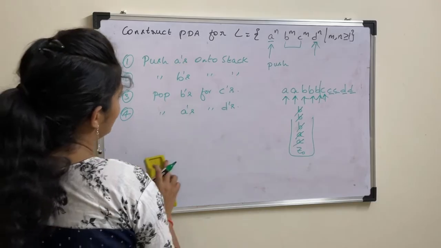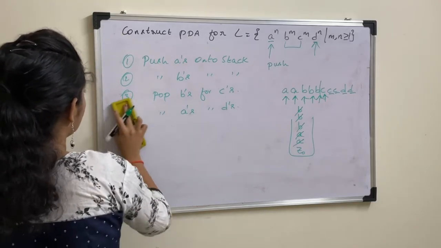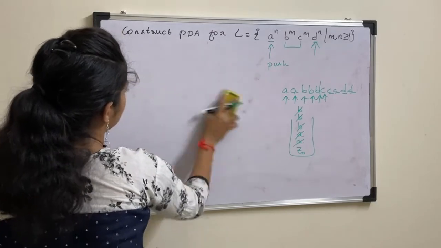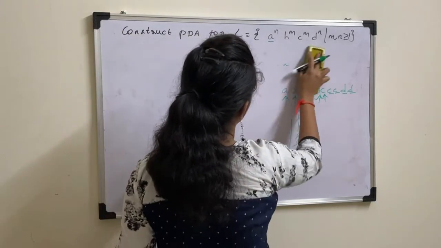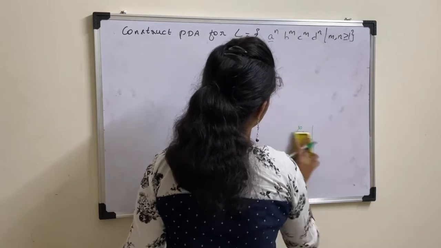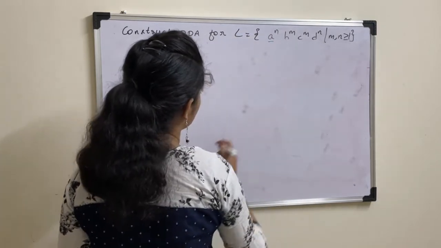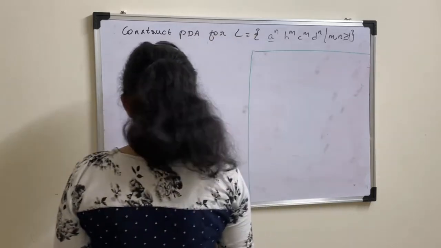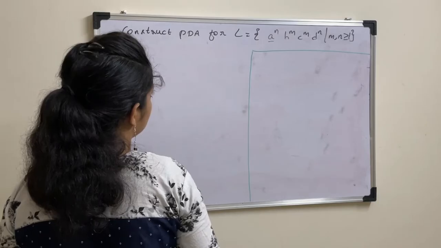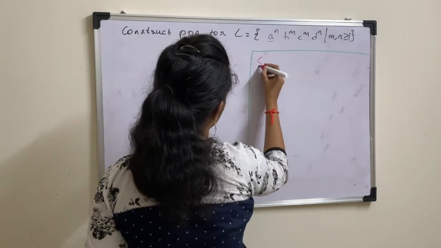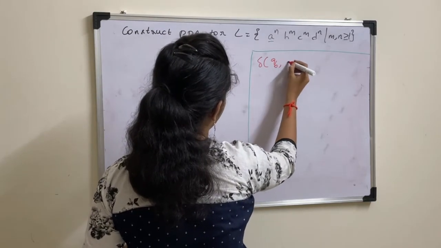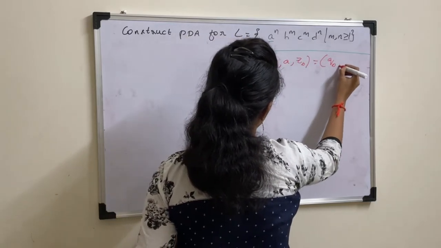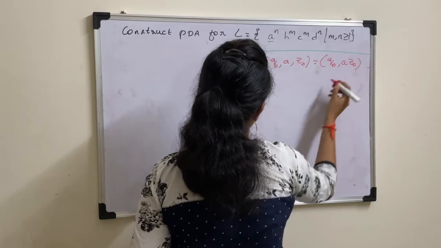Now we'll write the transition functions. So let us write the transition functions here. First, delta of Q0, A, Z0 is nothing but Q0, push A onto the stack.